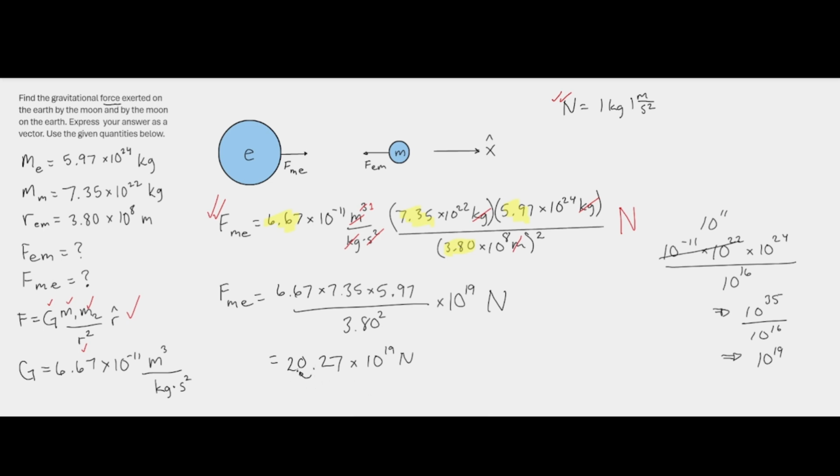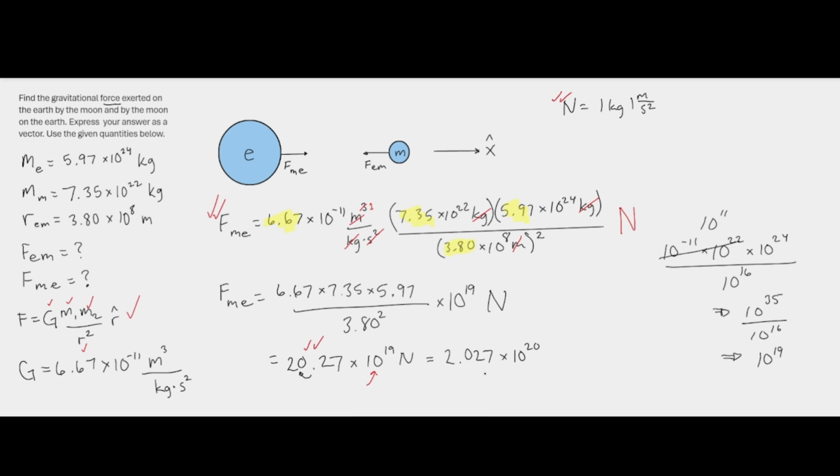So if I shift the decimal place to the left, this becomes 2.027. And if this number got smaller, then to keep it equal, the power of 10 has to get larger. I can't just shift this number without balancing it out.